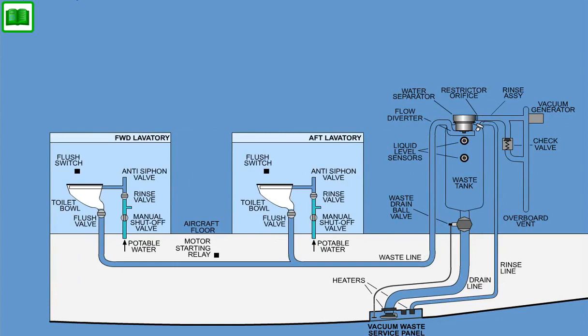It is designed to clean the tank inner walls, liquid level sensors, flow diverter, and outside housing of the in-tank water separator. It is also used to supply pre-charge fluid to the waste tank.